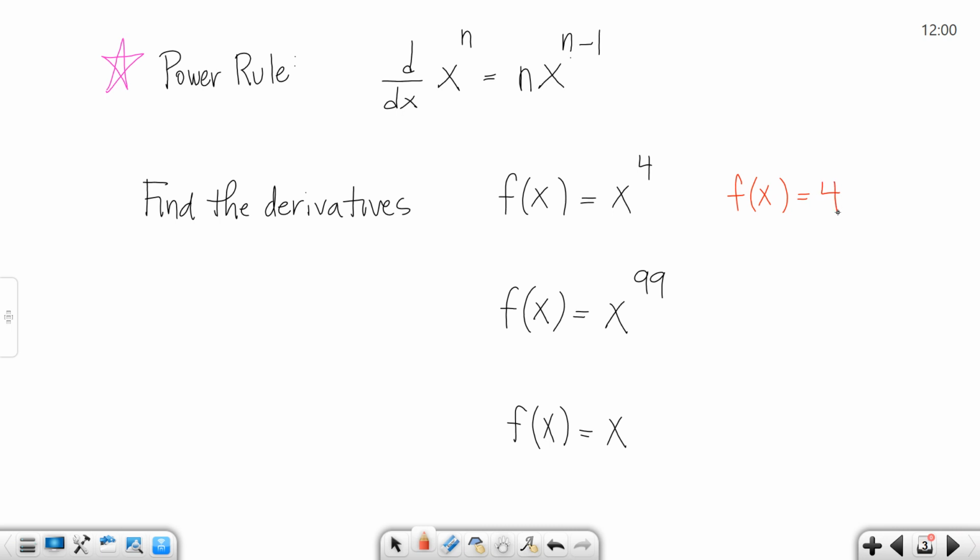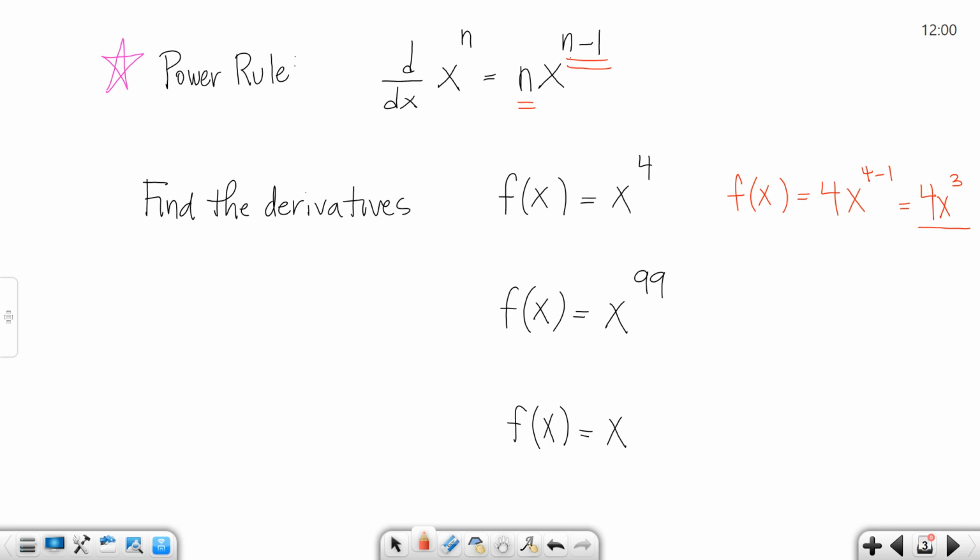So the 4 would go out in front of the x. Okay, once you put the 4 out in front, the next thing that you're going to do is take that power minus 1. So you would say 4 minus 1. So that means that this derivative would be 4x to the third. And that's how it would look.